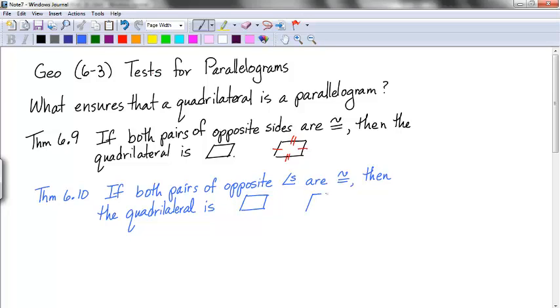Okay, and what that's going to look like. Okay, and mark opposite angles. So this angle would be congruent to this angle, and this one would be congruent to this one. If that's true, then your quadrilateral is a parallelogram.